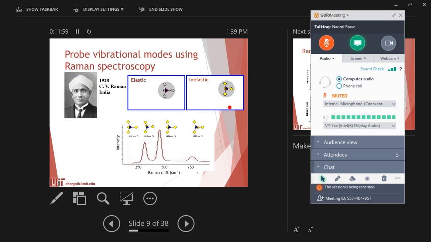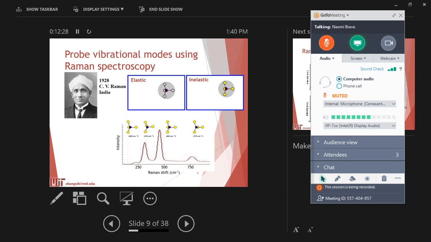Raman spectroscopy, which I think most of you are very familiar with, is a technique discovered about 90 years ago, and it describes the inelastic scattering of the incident photon onto the material. For example, in this figure, for elastic scattering, the scattered photon and the incoming photon have the same energy, and there is no energy transferred to the material.